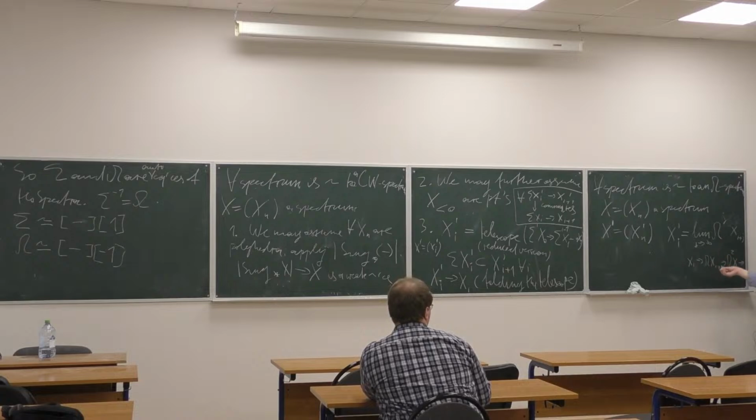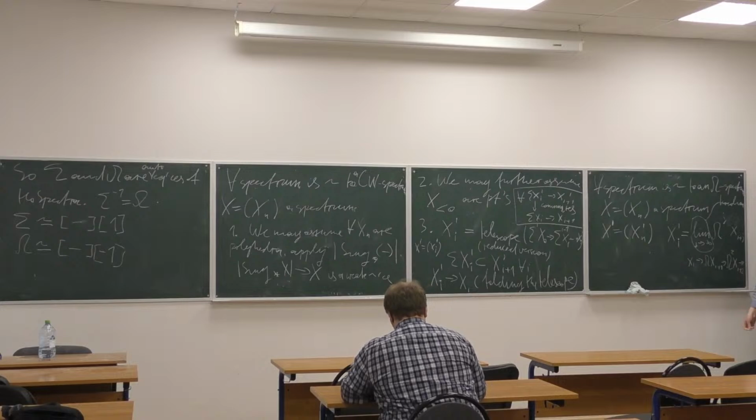Now, what does this actually mean? Well, this actually means the homotopy colimit. If we have a complicated diagram, then in topological spaces the homotopy colimits are pretty easy to describe.